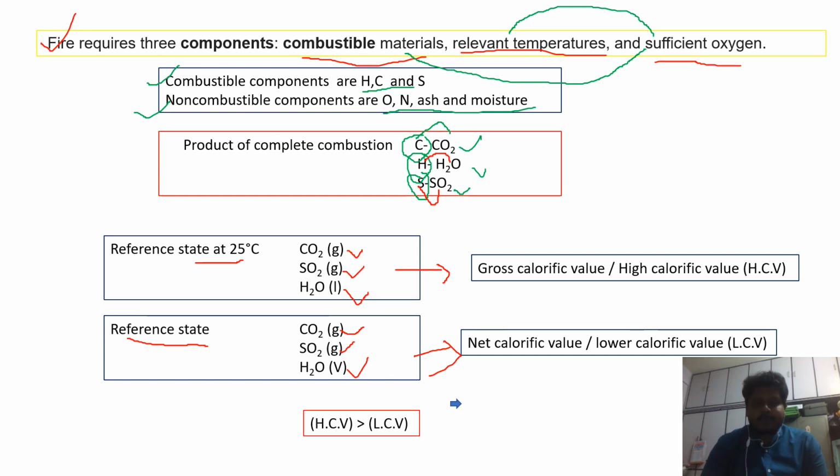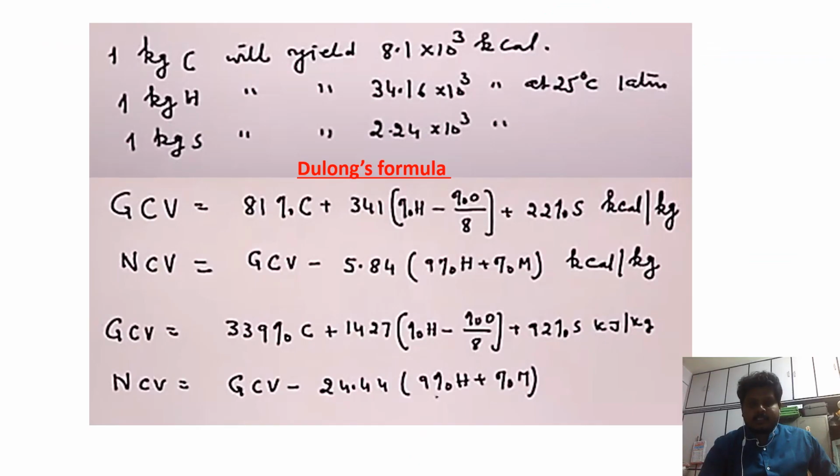Calorific values are of two types, gross and net. Generally, higher calorific value is always greater than lower calorific value. Now let us see how to find gross calorific value and net calorific value.